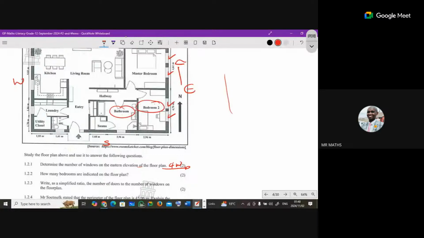Then the master bedroom, we cannot just call it a bedroom, it's a master bedroom. So it's not just an ordinary bedroom, but a master bedroom. So to answer that, we are going to say there are 2 bedrooms. I hope it makes sense, 2, or you can write it in words. There are 2 bedrooms.